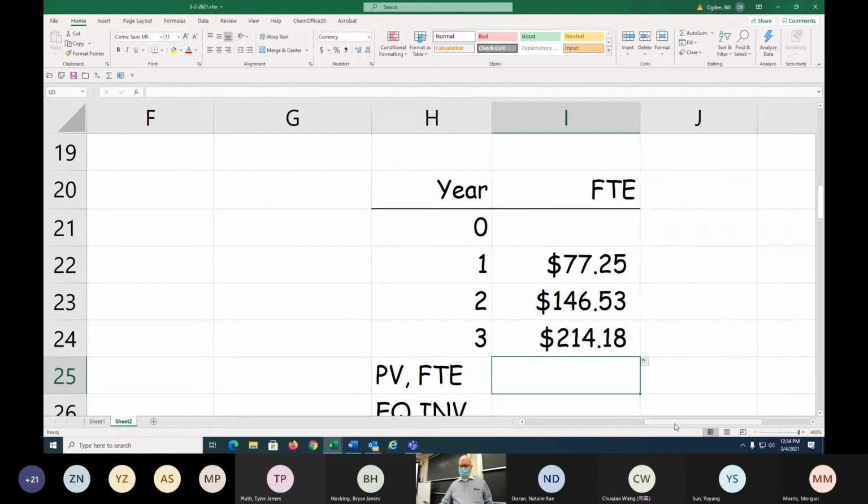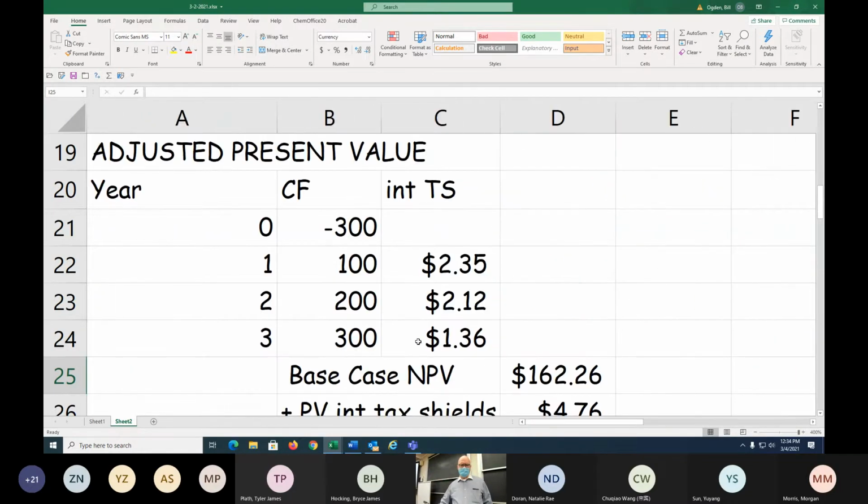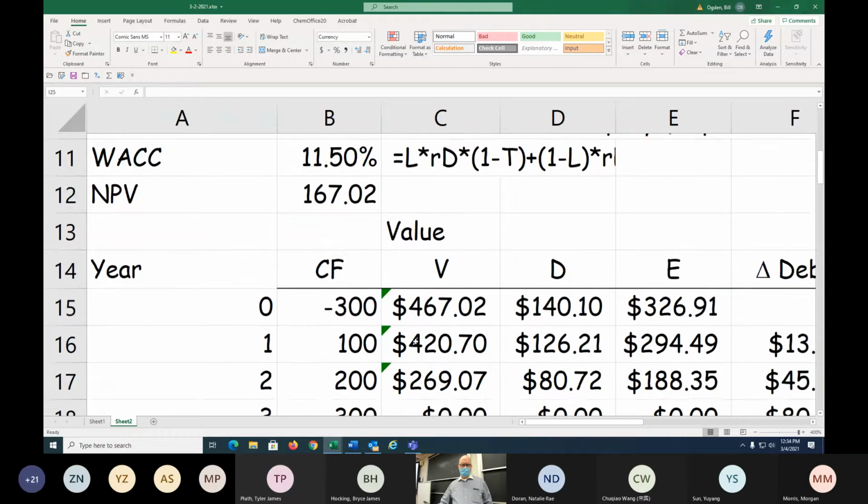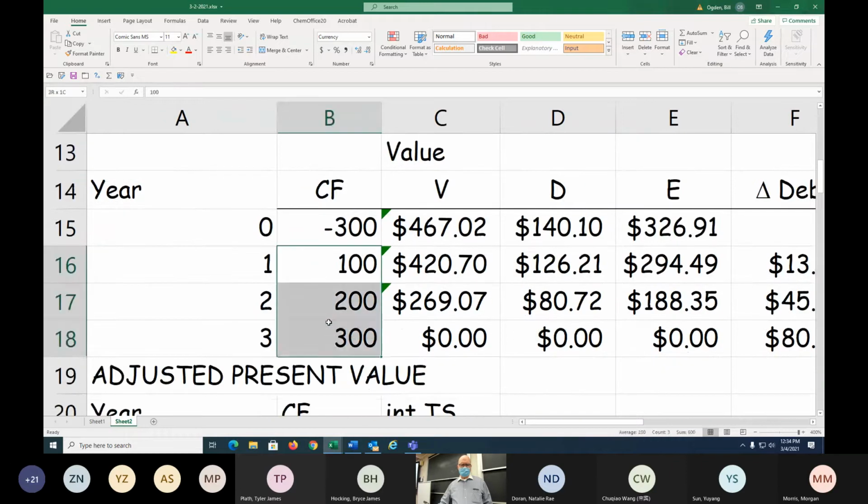Okay, now what happened over here? Well, it depends on the method, of course, but this is the cash flows from the project to the whole company, right? To all parties, creditors, investors. So we use the WACC, didn't we?